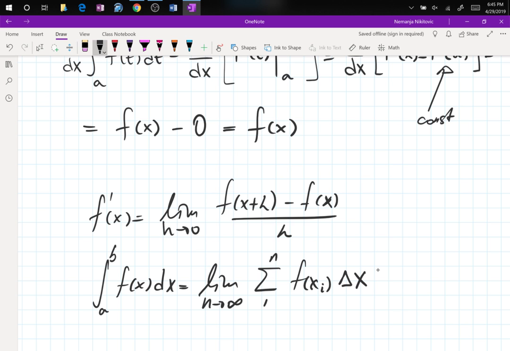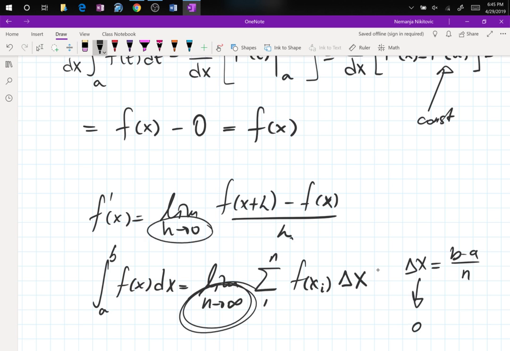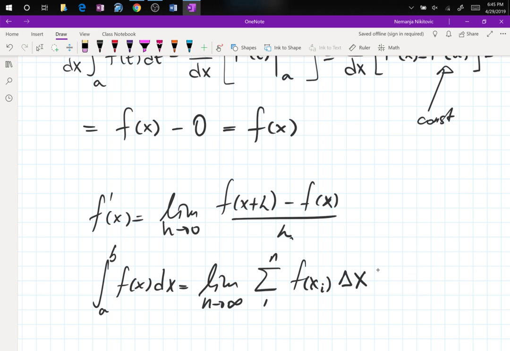They're both really, really small because h goes to 0. Delta x is going to 0 as well, as n goes to infinity, because delta x was defined as b minus a over n. So both of these driving factors, h and delta x, are very, very small. And so that's actually the feature where they get to be the same.